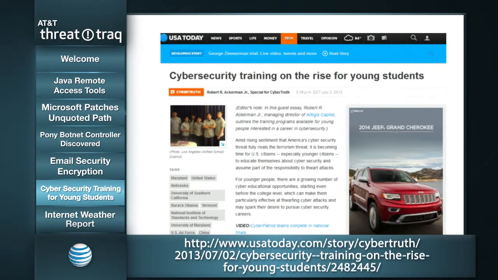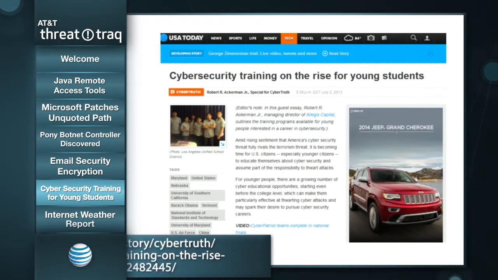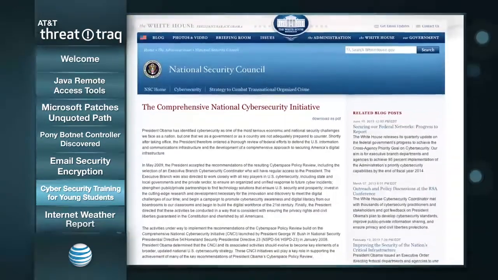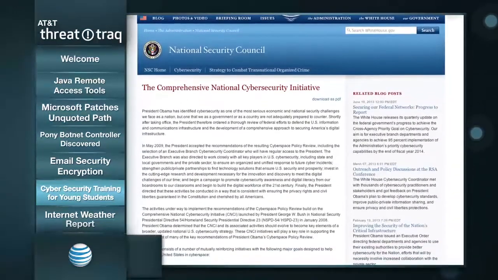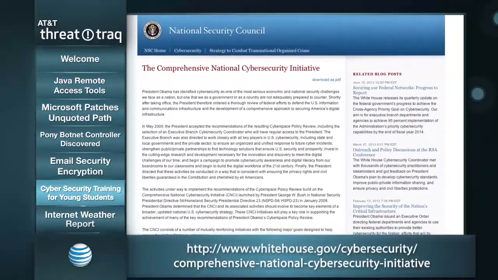Now, I don't know of any specific direct connection. I didn't see it mentioned anywhere in the article, but this is probably somewhat of a growth from the Comprehensive National Cybersecurity Initiative. Some of you may be aware of this. It was an initiative that started under the Bush administration and was carried through with the Obama administration.